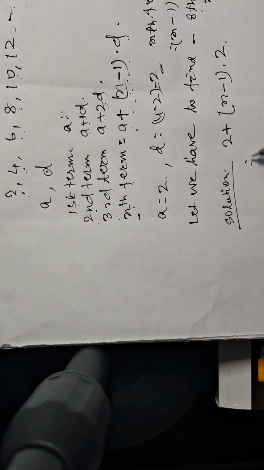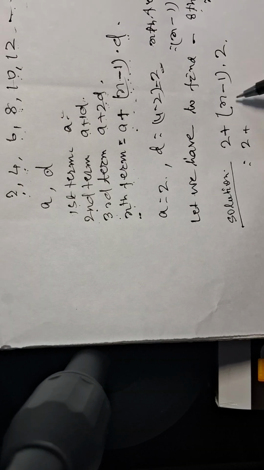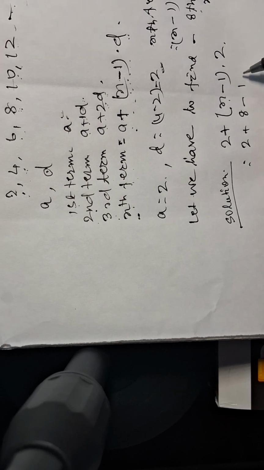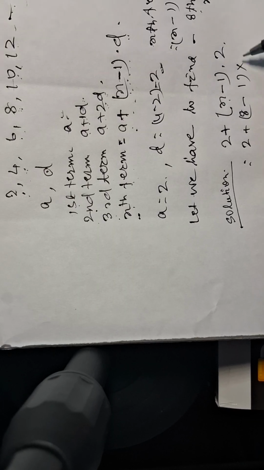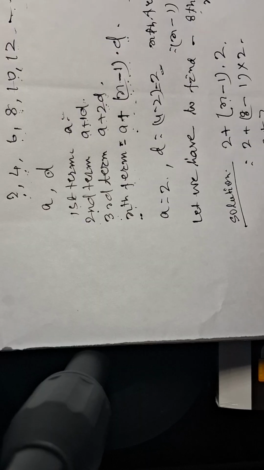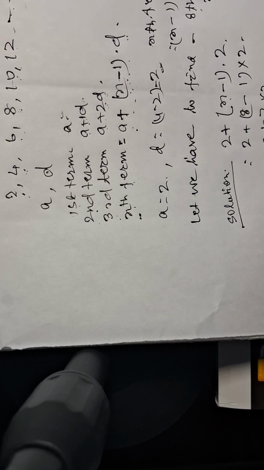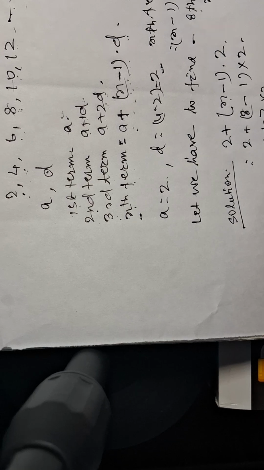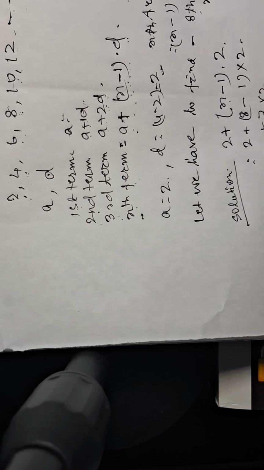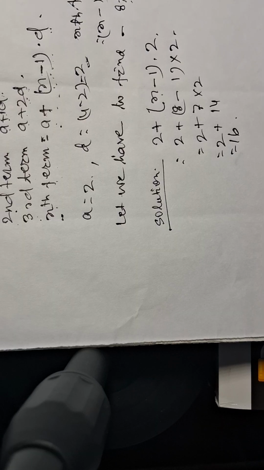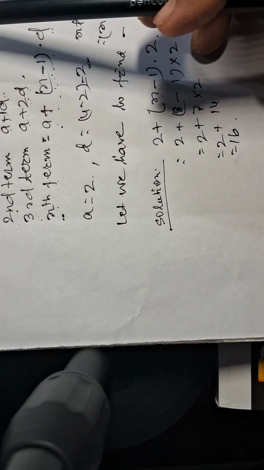We will solve it: 2 plus 8 minus 1, which is 7, into 2, is equal to 2 plus 14. The result is 16. It means the 8th term will be 16.